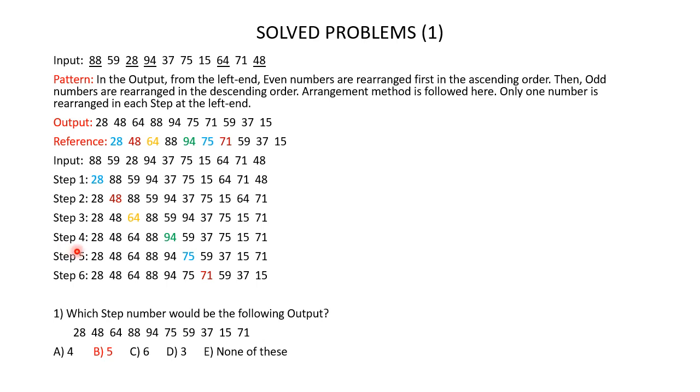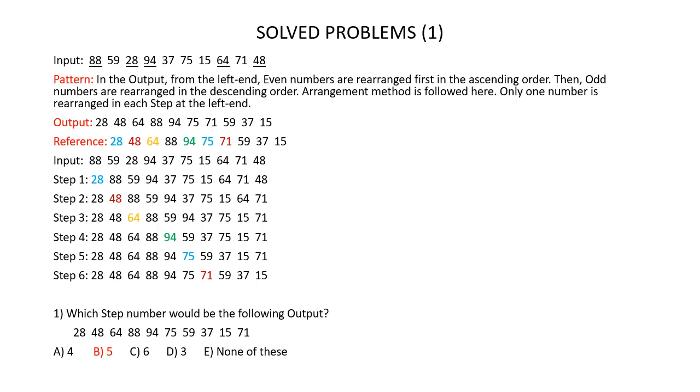In step 4, 28, 48 and 64 are written in the same position as is given in step 3. The next number in the reference line is 88. Now, as you can see in step 3, 88 is already in its correct position. That is, 88 is already arranged in step 3.